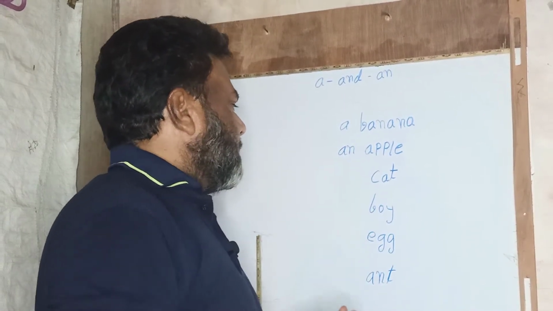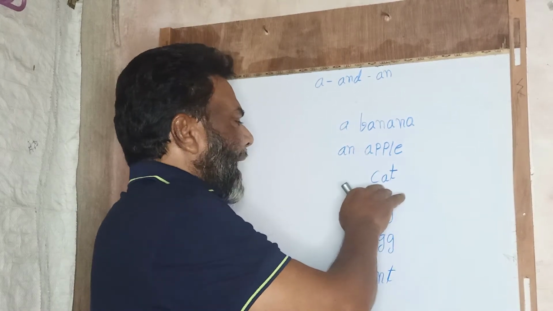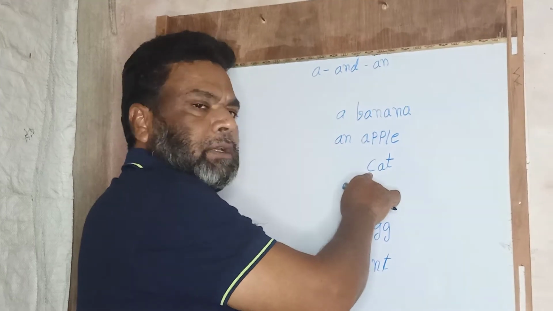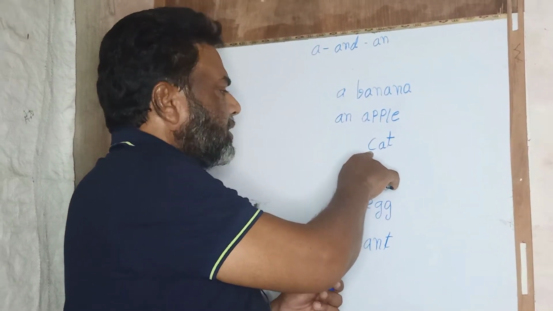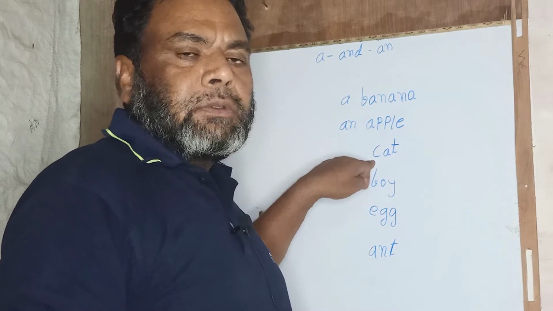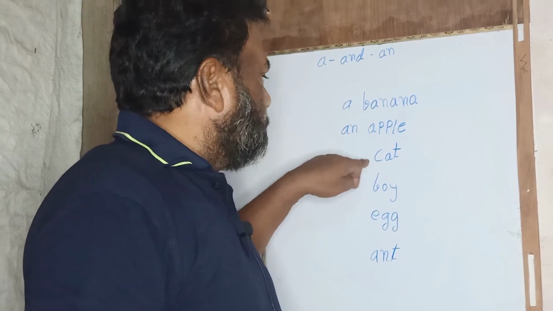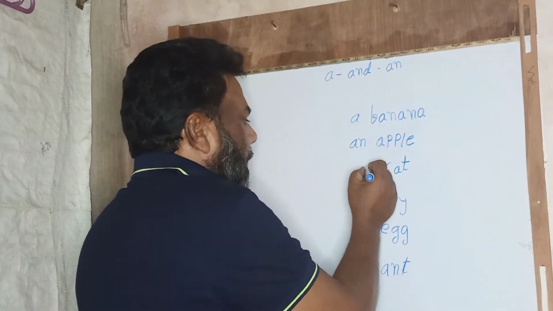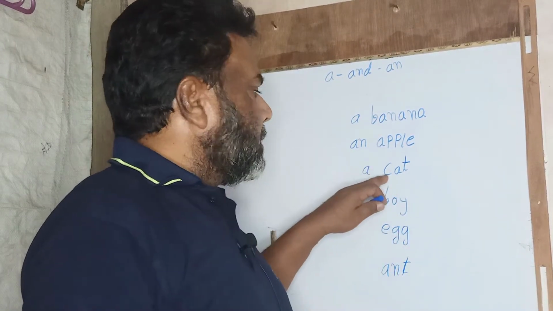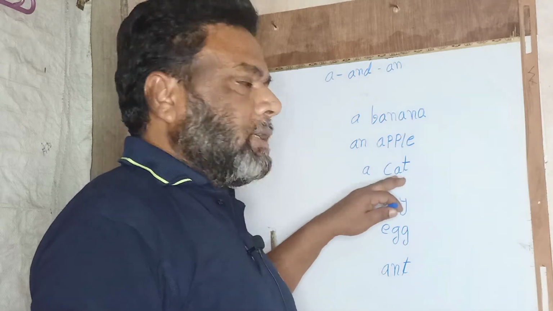The other noun is cat. The starting letter is C. C is a consonant, so here we use a cat, a cat.